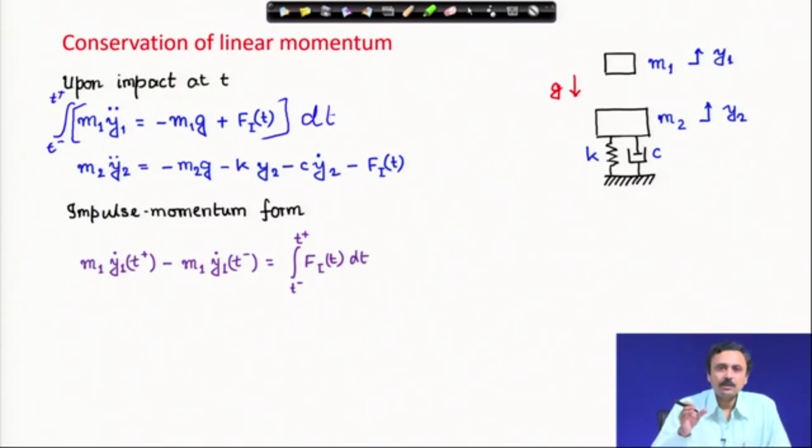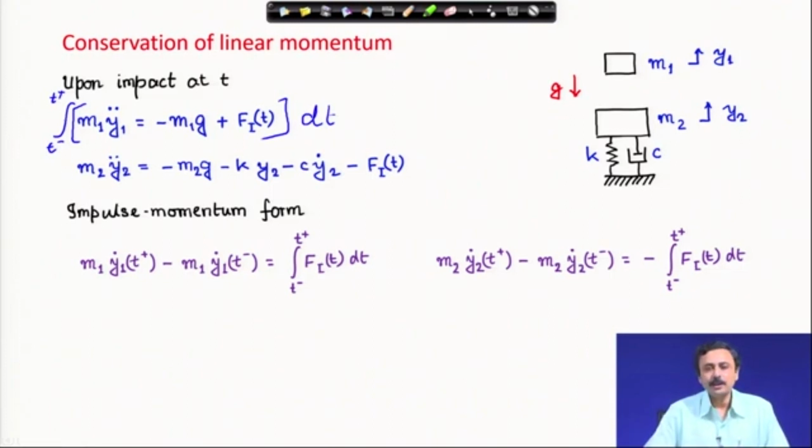Now, m1 g is a constant force, and as the range from t minus to t plus over which the impulsive force acts is extremely small, the weight of mass 1 hardly contributes to the change in its momentum. The major change comes from the impulsive force. The weight hardly changes its momentum; it is negligible compared to what the impulsive force will do.